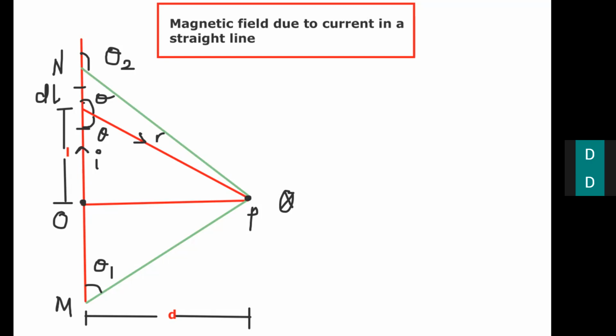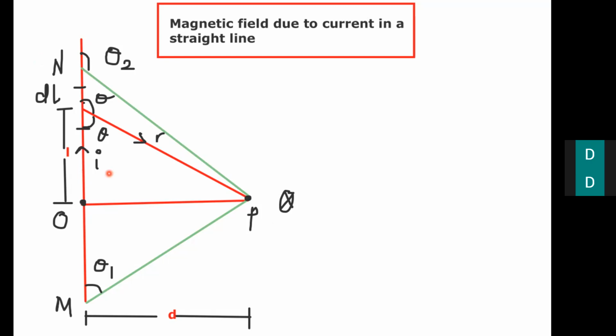So I think I have told all the basics here. I'll try to spotlight and say each and everything which I have drawn in this diagram. M and N are two random points of the infinitely long straight wire. Then there's point P, which is some random point located at distance D from the straight wire MN. And there is some current I flowing through this straight wire MN.